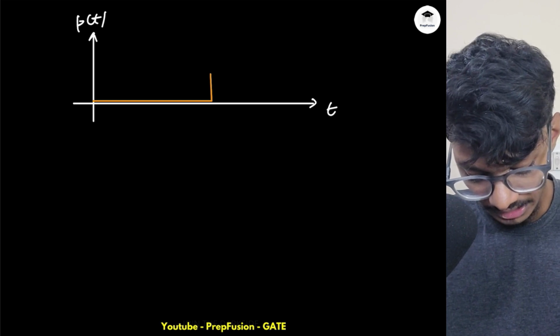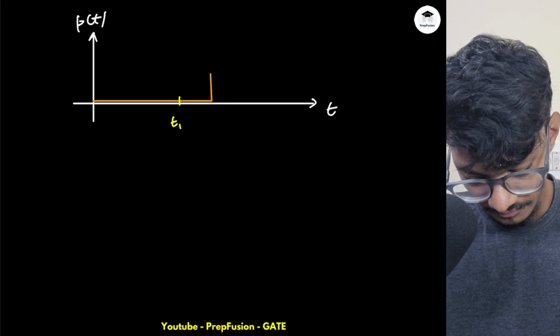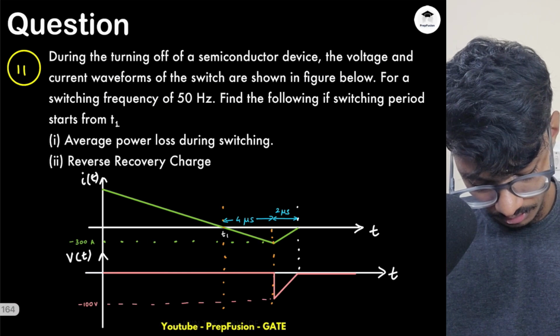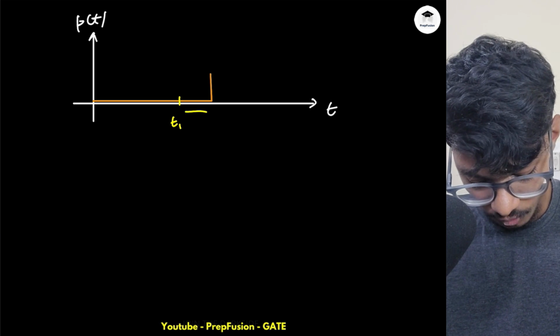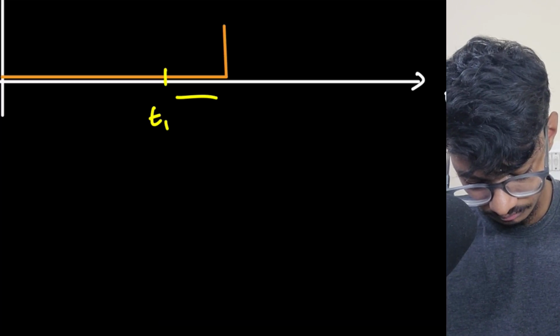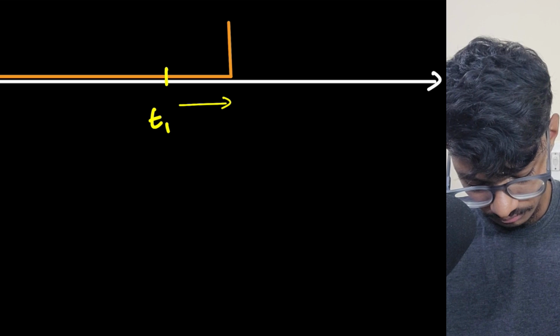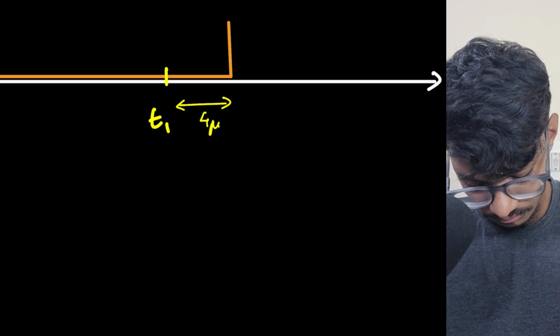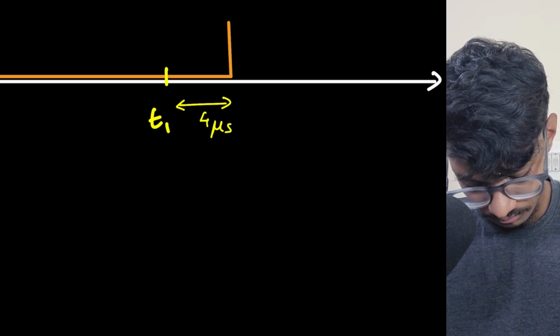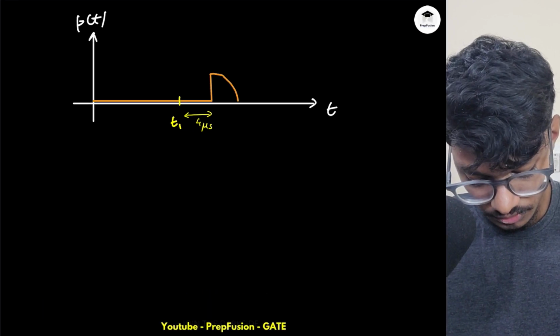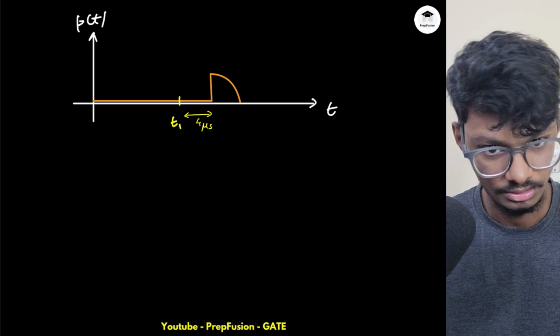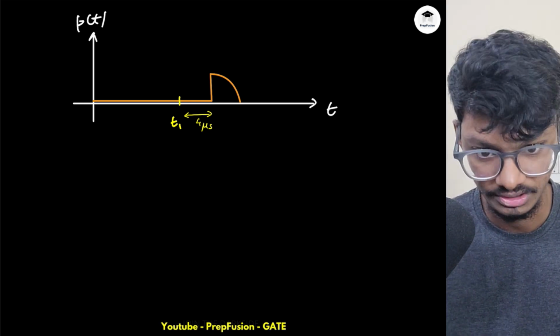Here I have t1 time, and this is after 4 microseconds. What is happening? Both are linear, so the graph will be something like this, parabolic.